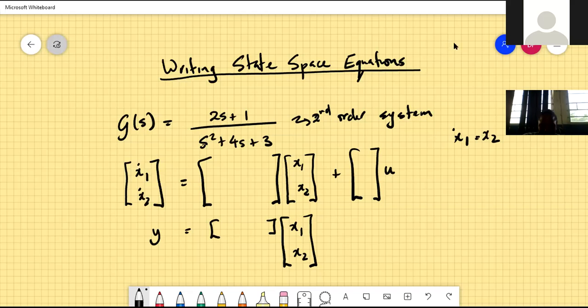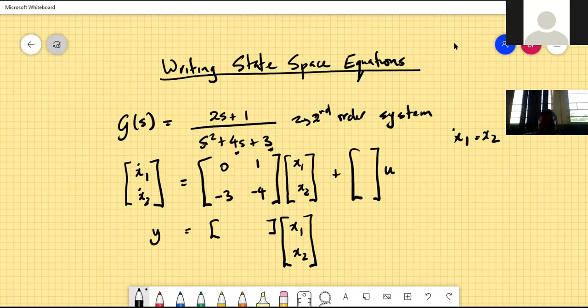So when we write this, we write 0 and 1 as a standard. And for the denominator, we have 4 for the s and 3 for the constant, so we would write -3 and -4.